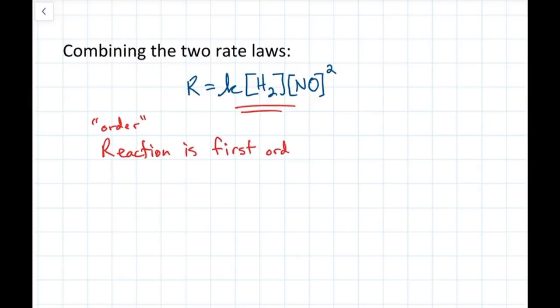It's going to sound sort of funny, but it says the reaction is first order with respect to hydrogen. And all that means, first order, it just means that the exponent here is 1. It's not written, but it's implied to be 1, right? So first order with respect to hydrogen. In other words, the rate of the reaction is proportional to the concentration of hydrogen.